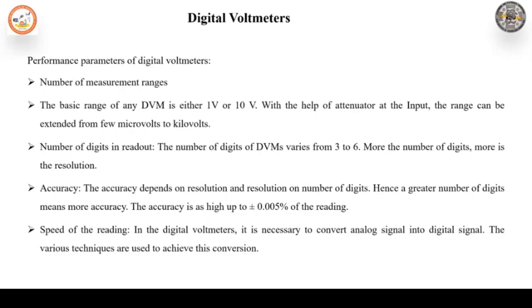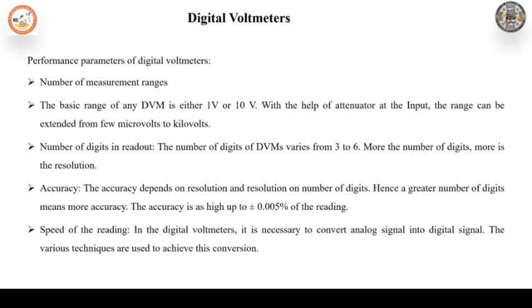The transducer converts the quantity into a proportional voltage signal and the signal conditioning circuit brings the signal into proper limits which can be easily measured by the digital voltmeter. The output voltage is displayed on the digital display on the front panel.